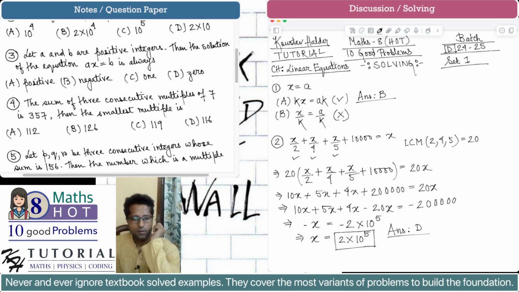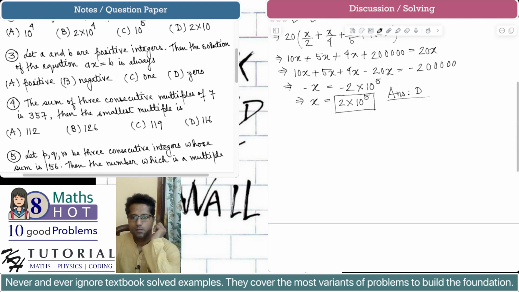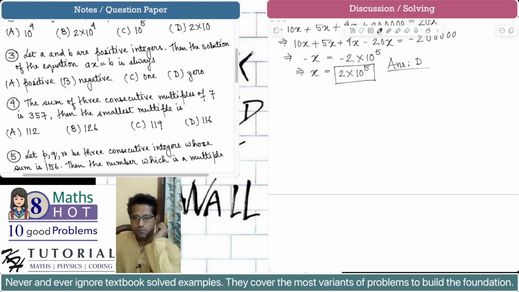Let's solve question number 3. Let a and b be positive integers.